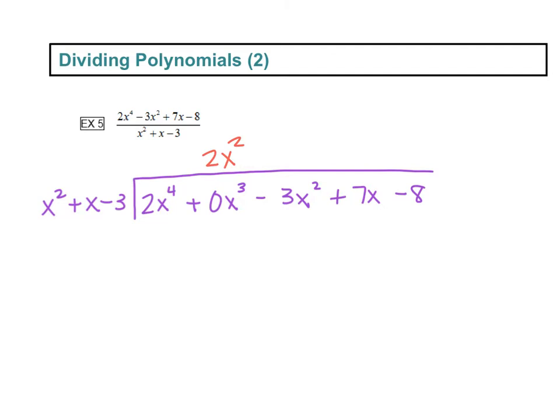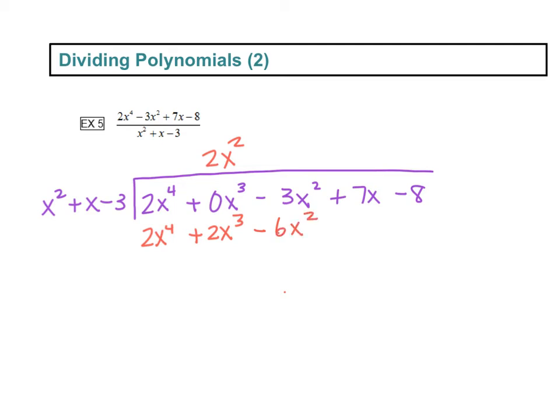So 2x squared times x squared is 2x to the fourth. 2x squared times x is a positive 2x cubed. Here's why I wanted that 0x cubed, so that I could line those x cubed terms up. So that just helps out for this process. And then 2x squared times a negative 3 is a negative 6x squared.